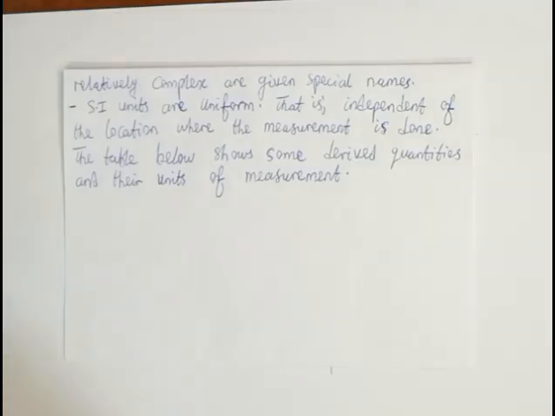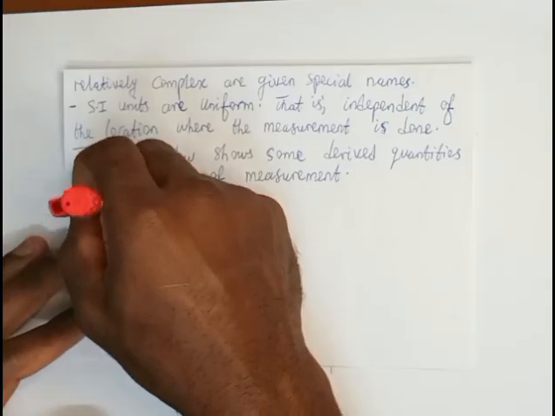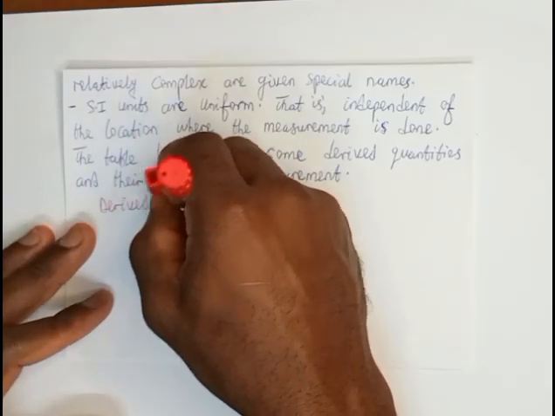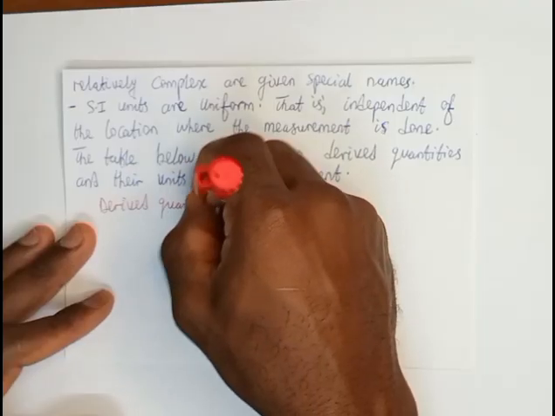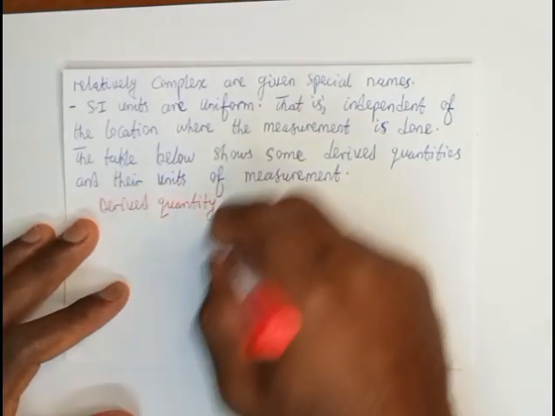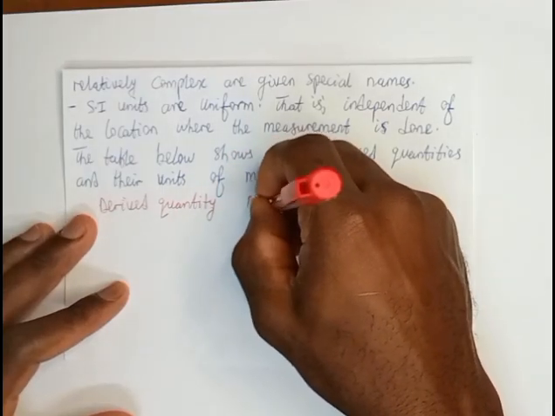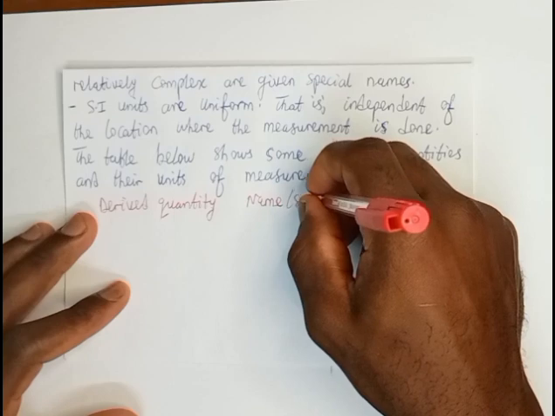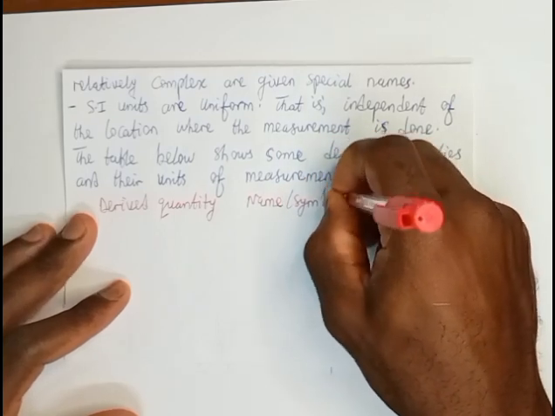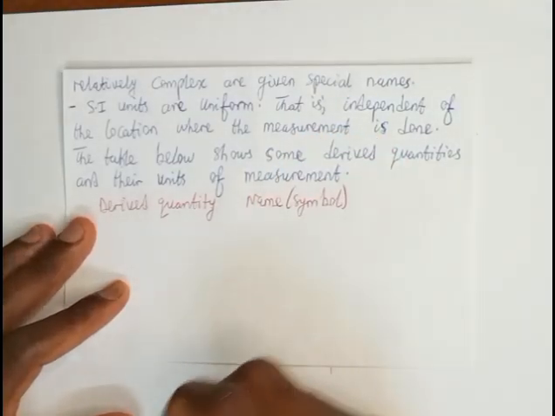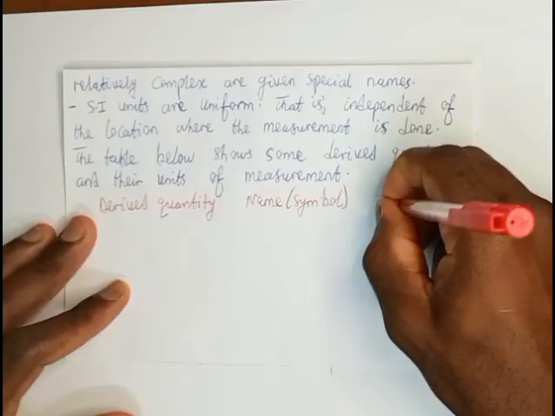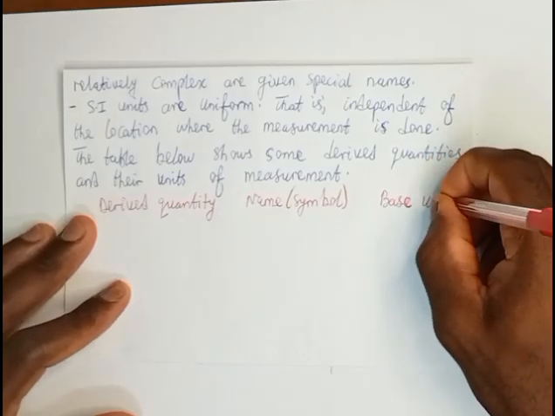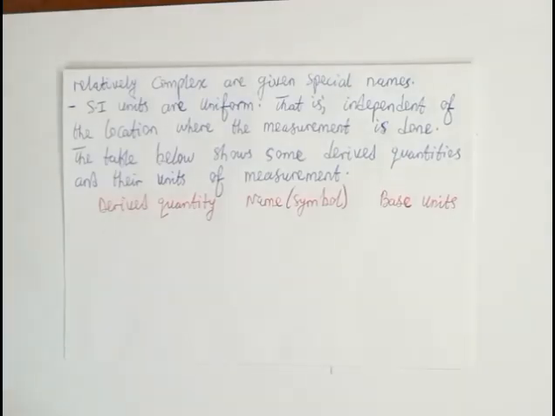Let's draw the table. It has 3 columns. The first column carries the derived quantity. The next column carries the name, in bracket the symbol, that means the symbols are represented in the brackets. Then we have the base units. You see the base units are raised to certain powers.